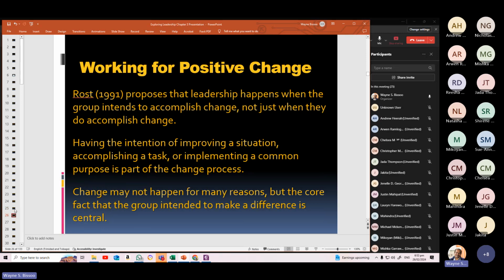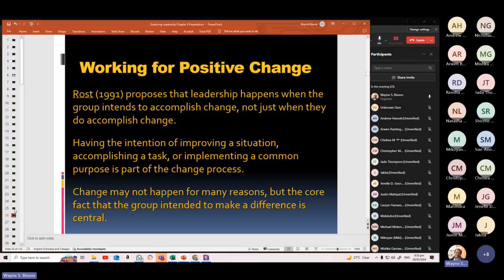Okay. So the concept here now is the same thing, that you're positive. The goals that you have to deal with have to be focused on making positive change. We're not looking at negative things. This is what the model is trying to make sure, that we are intentionally trying to improve things.